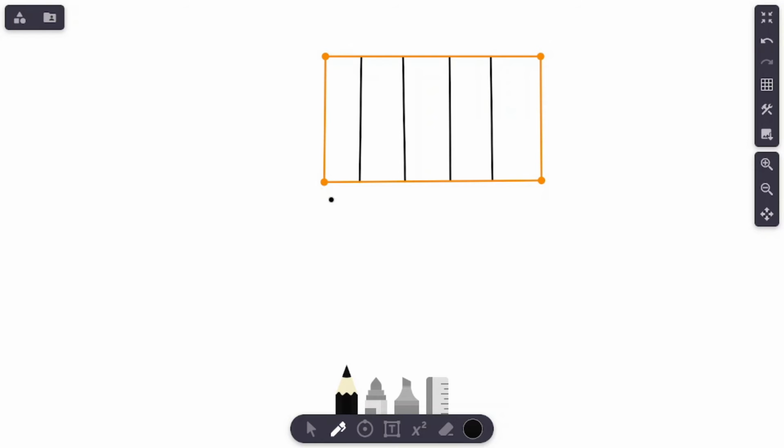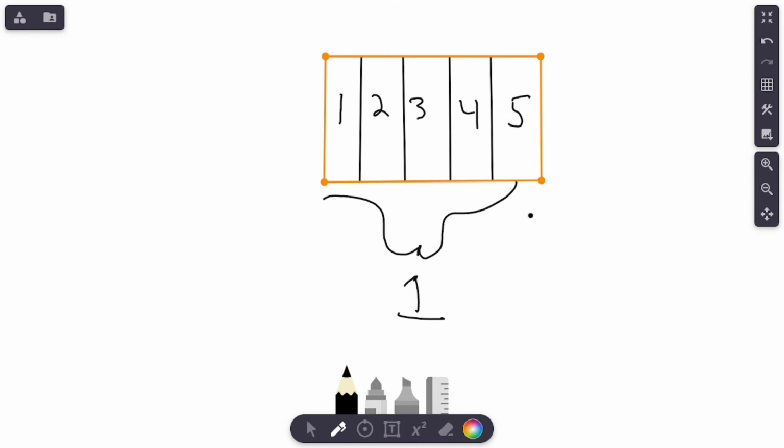This entire rectangle is one whole. But what I have done is I have broken it up into five equal groups. The whole thing is one whole, but I have taken that one whole and broken it into five different groups.